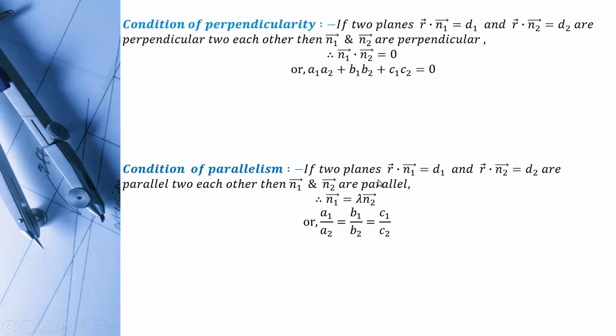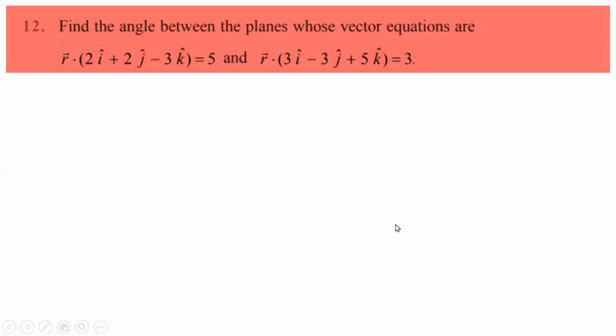So we will use these two conditions and the previous two formulas to solve the questions from exercise 11.3 of your NCERT book. Here is question number 12. You need to find the angle between two planes where vector equations are given.